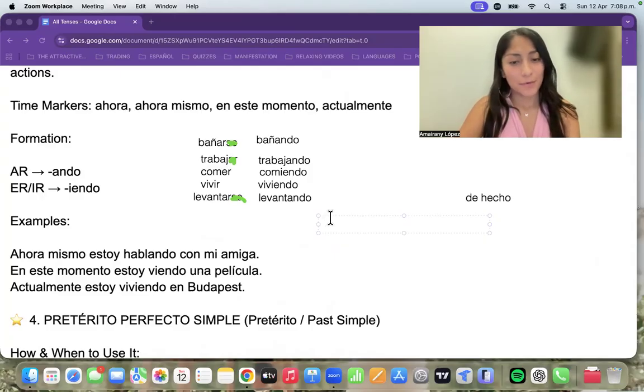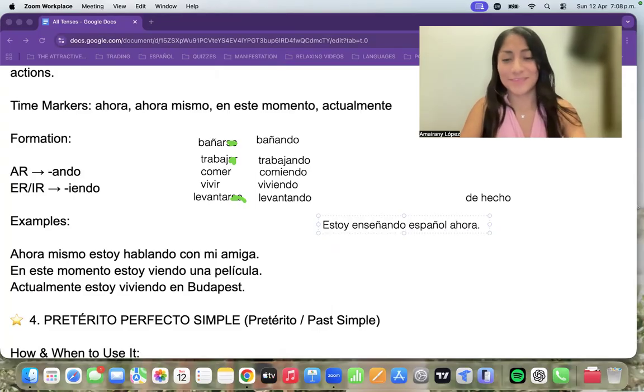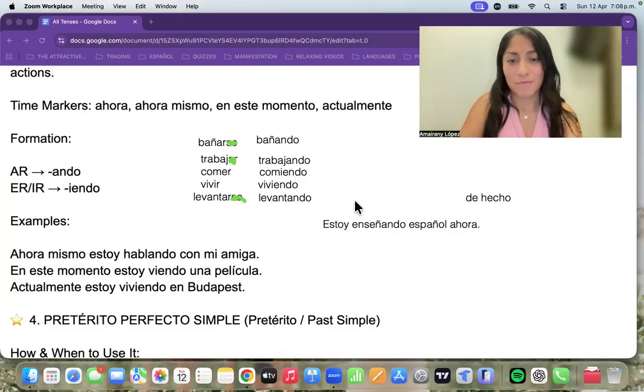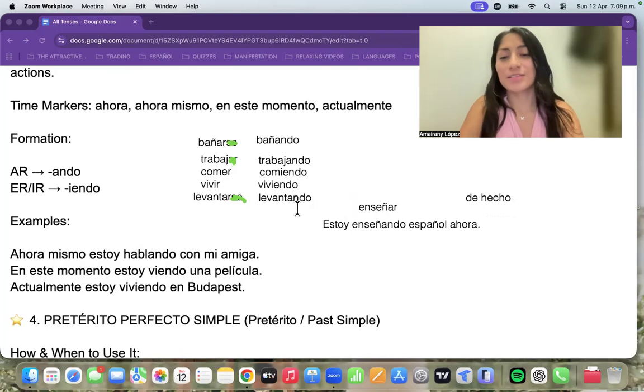So, for example, I'm going to say, estoy enseñando español. I am teaching Spanish. Ahora. I am teaching Spanish ahora, okay? And enseñar is the word for teach, okay? So, estoy enseñando español ahora. I am teaching Spanish now.